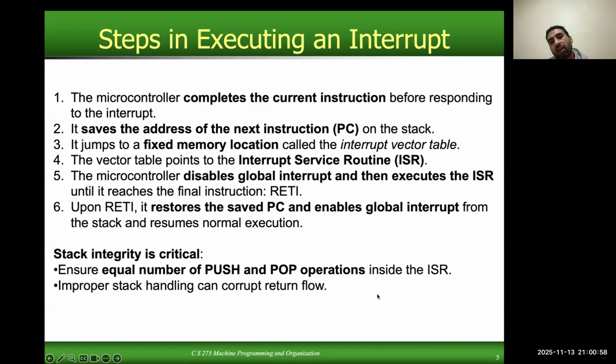Which basically means that whenever you are pushing something on the stack within the ISR, before leaving the ISR, you must pop it off the stack. Otherwise, you will not be able to return back to the main function, return back to the point where the interrupt happened. Any questions at this point?